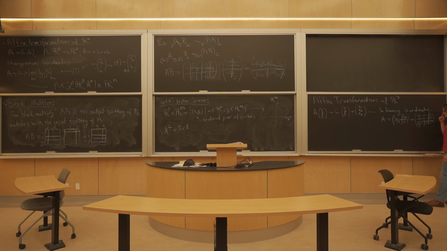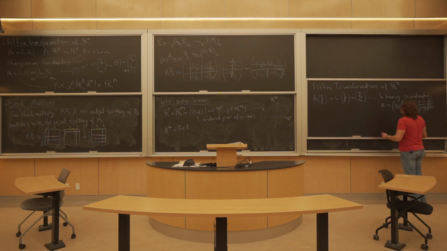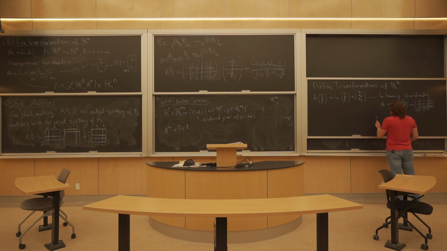Okay? And I want to think of a three-dimensional vector, x, y, z, as a four-dimensional vector in the form x, y, z, 1, in analogy to that. Okay?